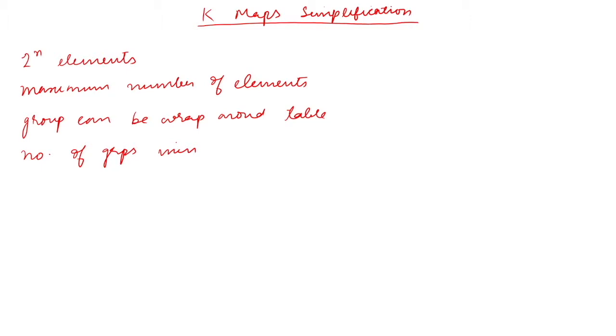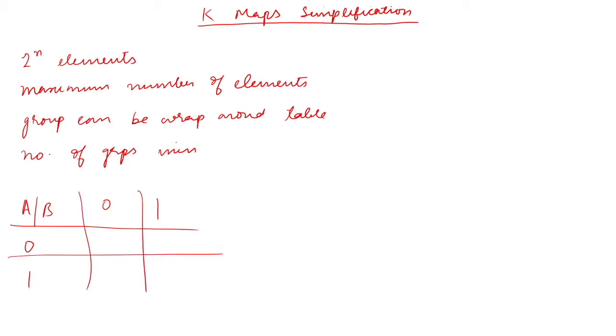Okay, now let's take an example. For example, A, B, 0, 1, 0, 1. If we are taking 1, 1, 0, 0, this can be a group.